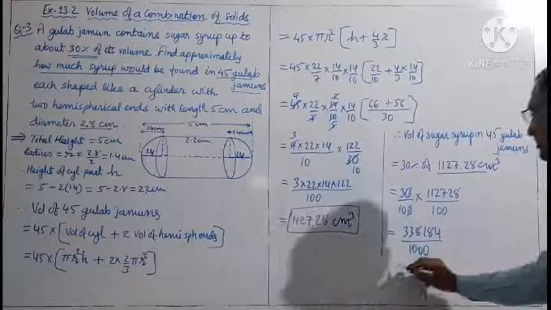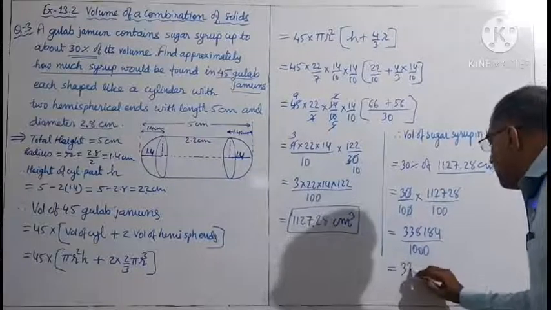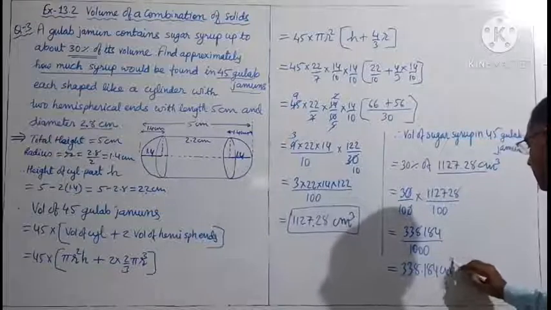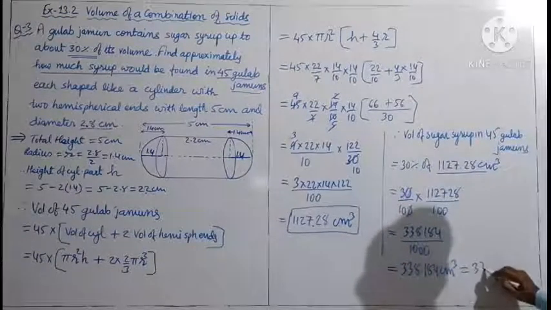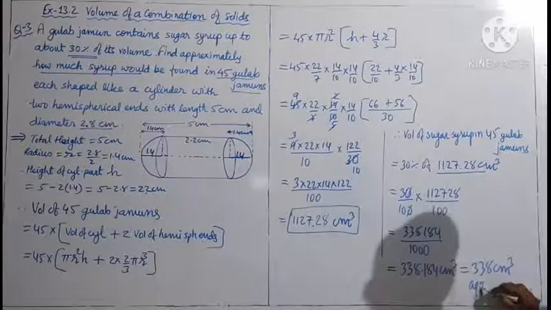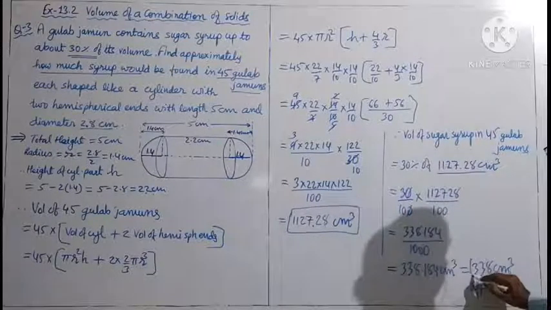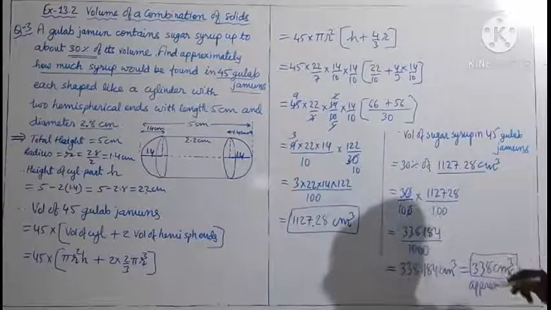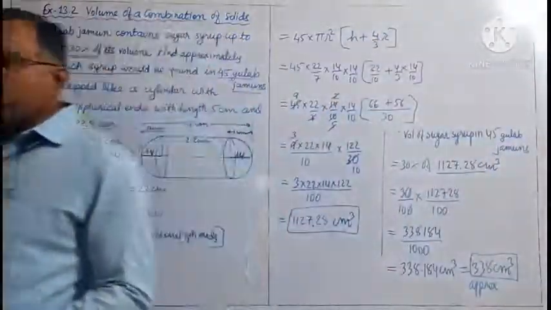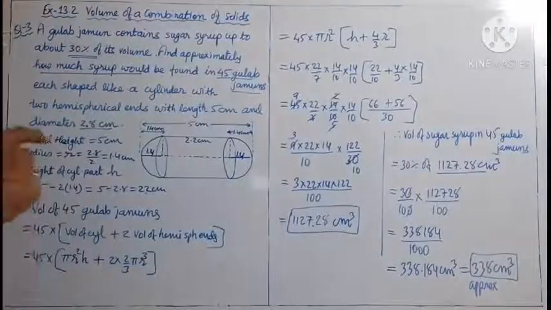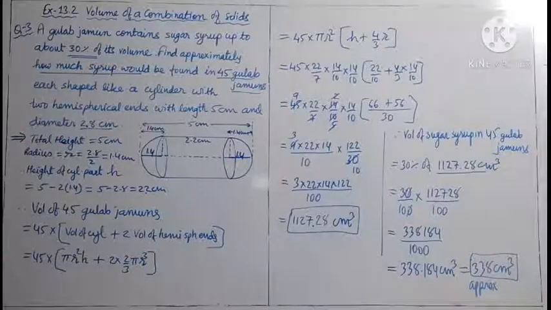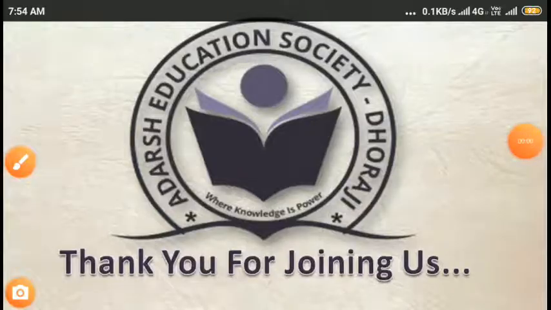In decimal places, we get 338.184 centimeter cube, and that is approximately 338 centimeter cube, the volume of sugar syrup, that is 30% sugar syrup in 45 gulab jamuns. Thank you for joining us.